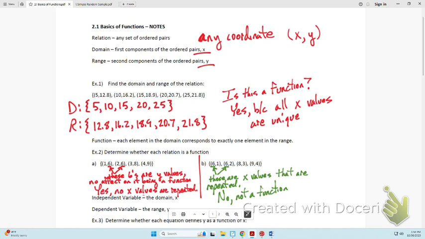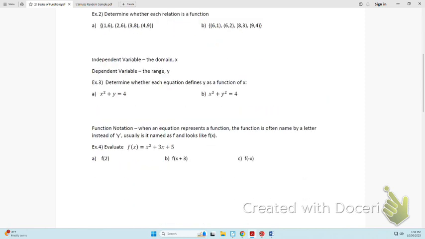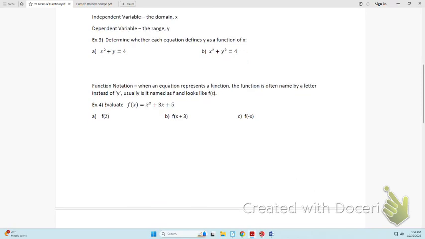All right, let's move on to harder level stuff. On number 3, we have the same question, determine if it's a function, but now we have an equation. We don't have a list of coordinates. So you have 2 choices. You can check by graphing or algebraically.